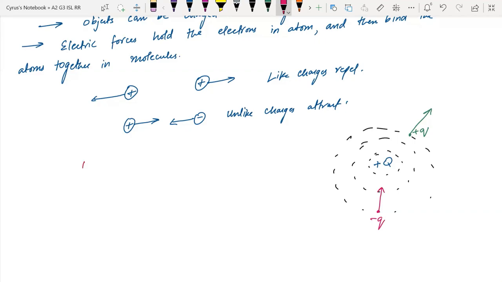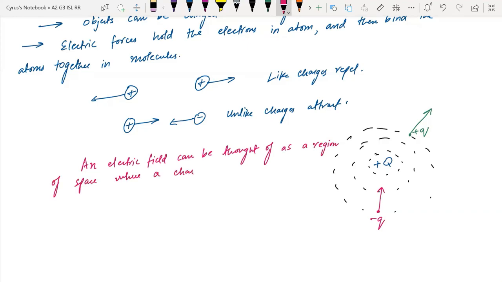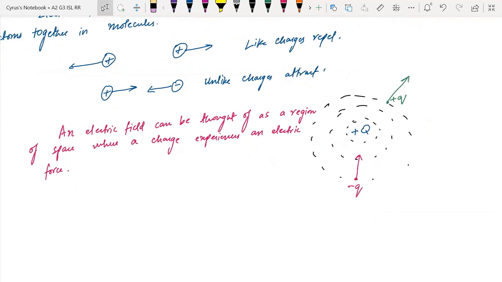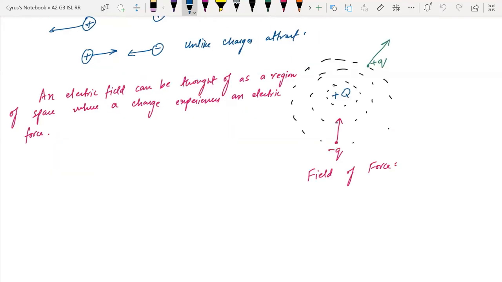You should know that an electric field can be thought of as a region of space where a charge experiences an electric force. This entire thing here is a field of force for the electric fields, right? So we are talking about field of force here. What is a field of force?